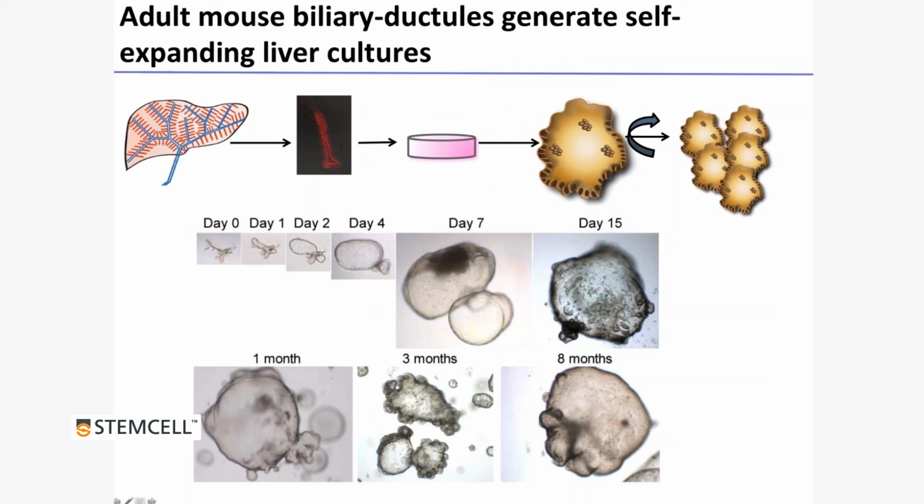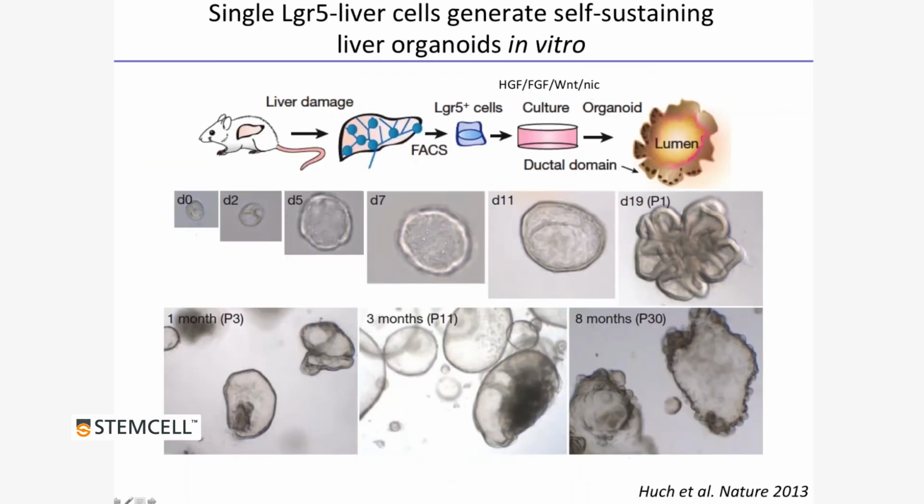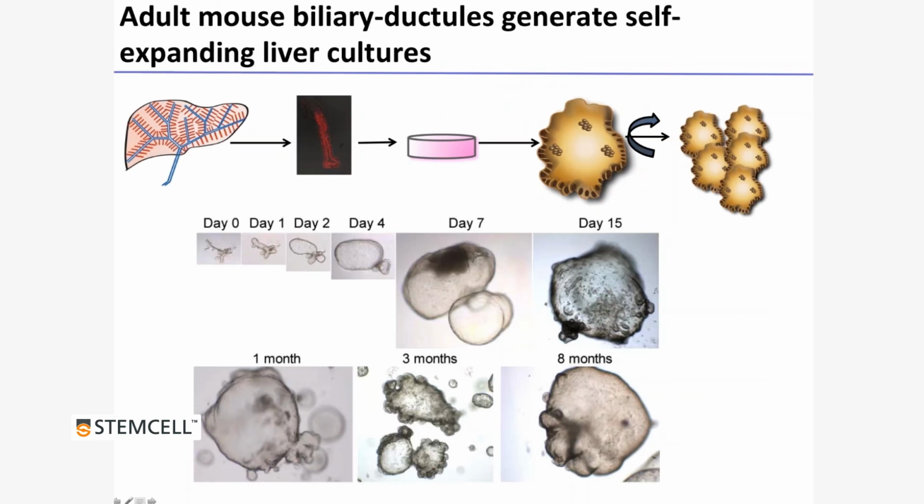If we profile these organoids generated from the duct structures as well as the organoids generated from the LGR5 positive cells, we observe that they look exactly the same. Gene expression is identical, and what happens is that we have induced this stem progenitor state in vitro in culture.